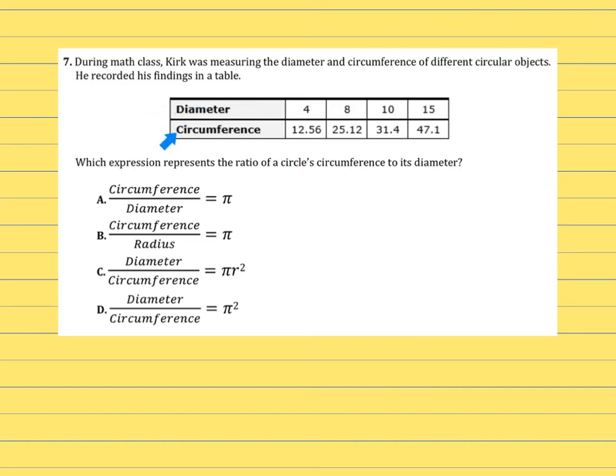Nowhere in this situation does it even mention radius. So any answer choice that has a radius in it is automatically wrong. Okay? The formula for circumference is supposed to be pi times diameter. Well, they have shown us that pi needs to be out on the end of the answer choice.